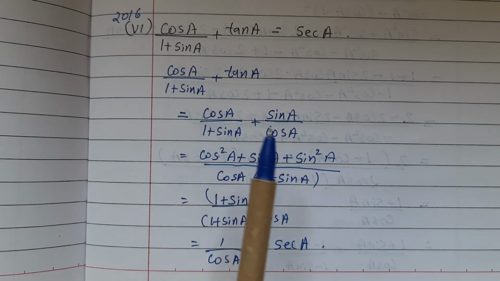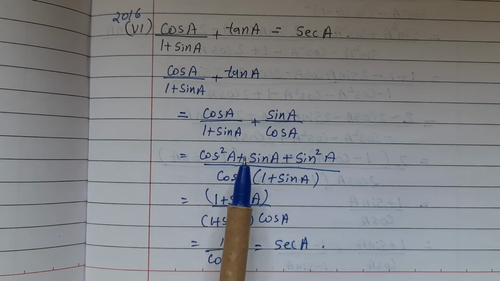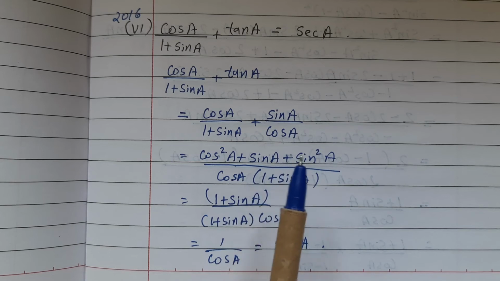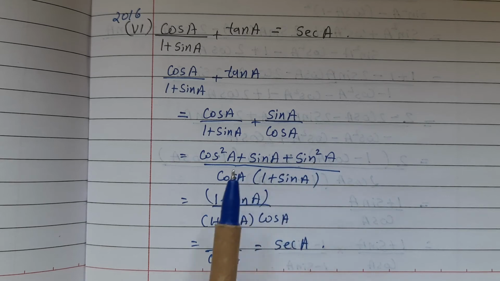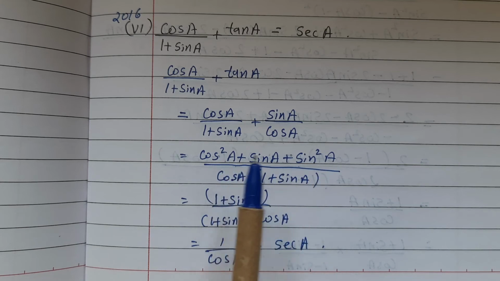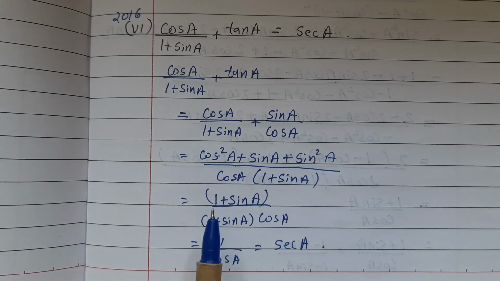Therefore we will get cos square a plus sin a into 1 plus sin a, which is sin a plus sin square a, upon cos a into 1 plus sin a. Cos square a plus sin square a is 1, so 1 plus sin a upon 1 plus sin a into cos a. 1 plus sin a cancel each other, equal to 1 upon cos a, which is equal to sec a, equal to right hand side.